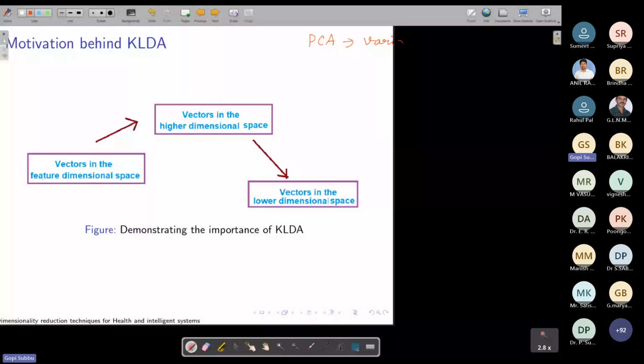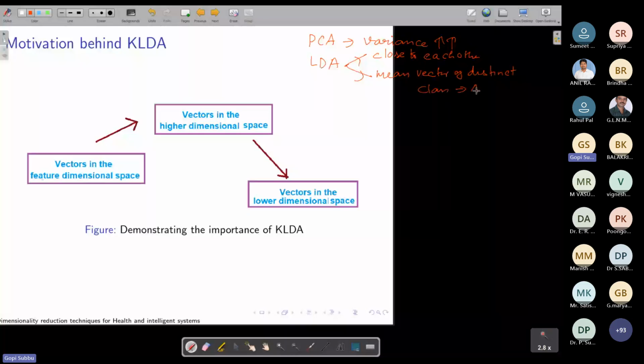That is the goal in PCA. But in LDA, we had two goals: after projection, the vectors within a class should come close to each other, and the mean vectors of the different classes should be far apart. These are the two goals in LDA, and we know how to do that.